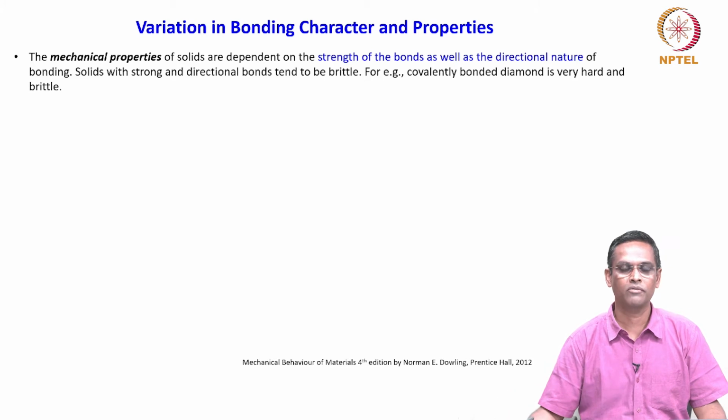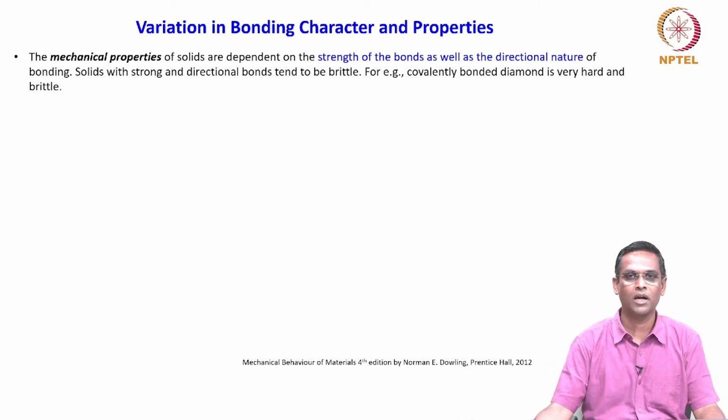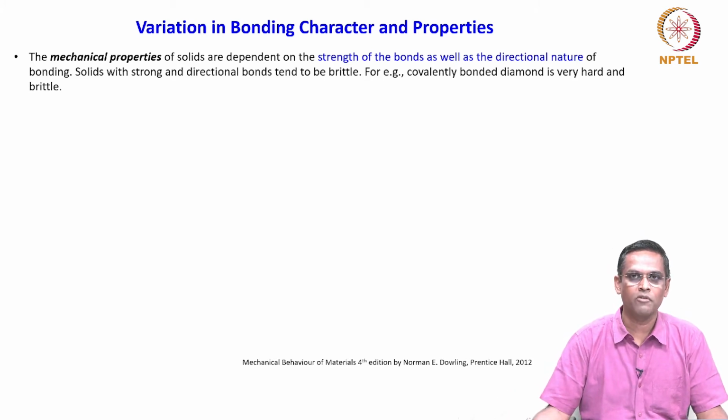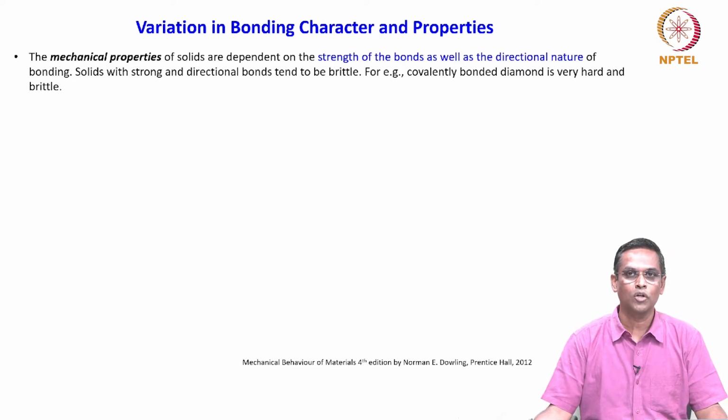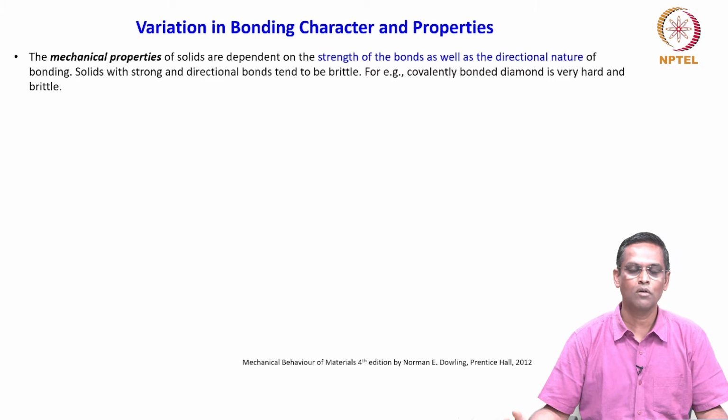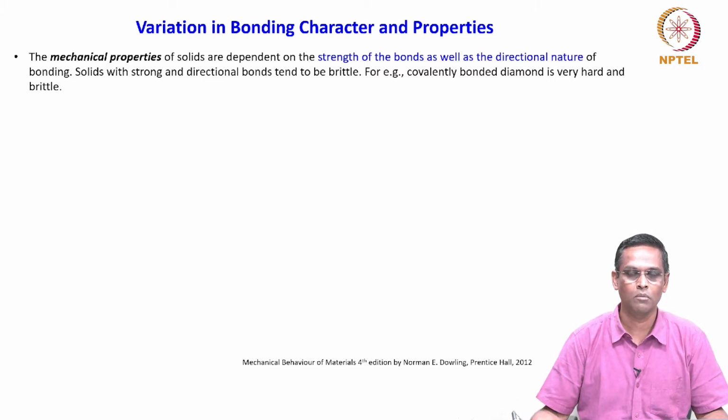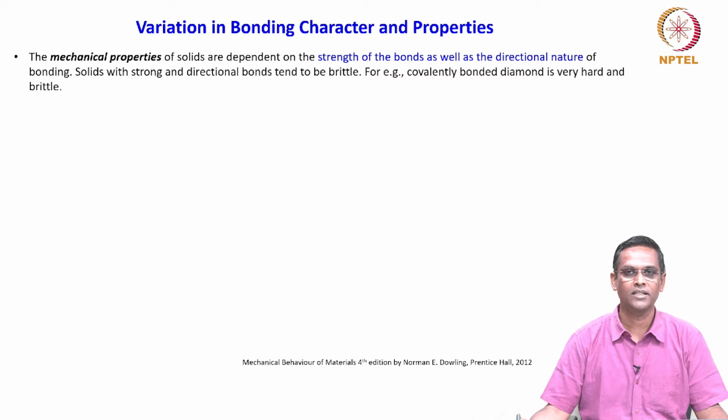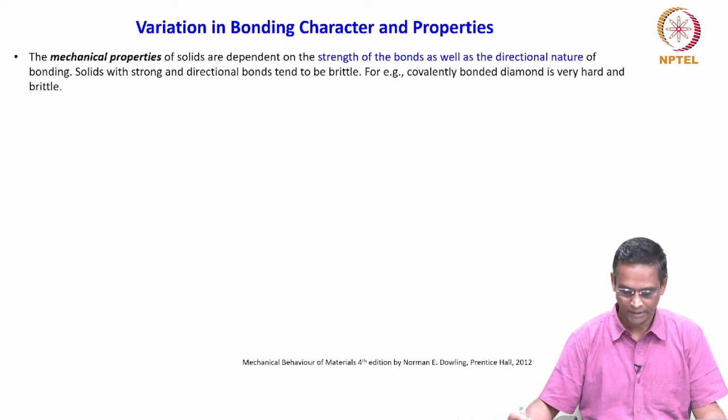So, the response of the material is quite different compared to diamond-type materials, where the covalent bond is uniformly surrounded by all the neighboring atoms. So, it is so hard and strong, and mechanically it is brittle in fracture, right.